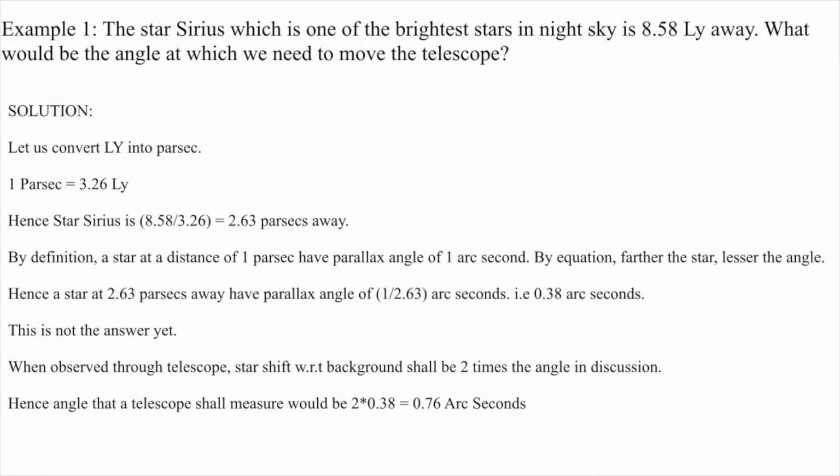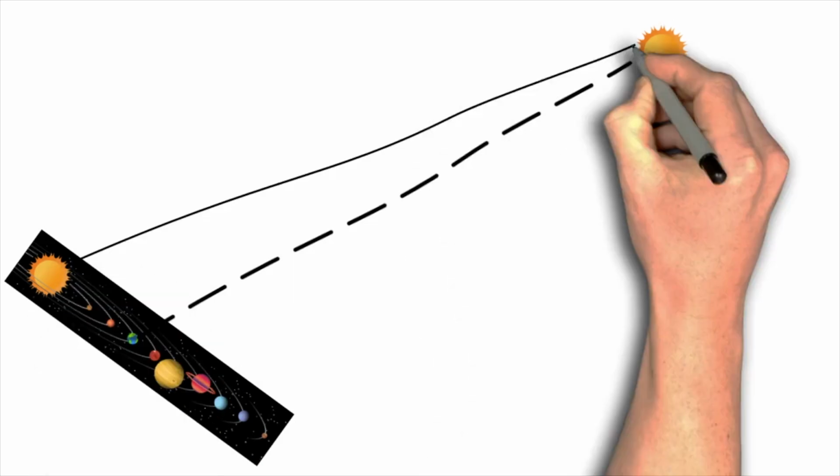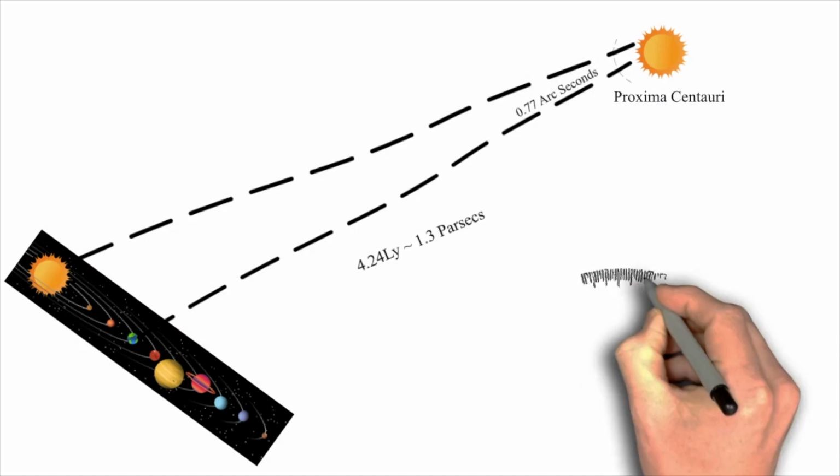The angle at which you need to move the telescope over half a year's time shall be twice the angle in the discussion. So, the telescope shall move by 0.76 arc seconds. The nearest star to Earth is Proxima Centauri, which is 4.24 light years away, or 1.3 parsecs away. This will have an angular shift of 0.77 arc seconds.